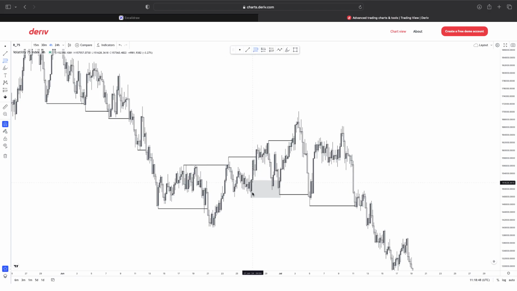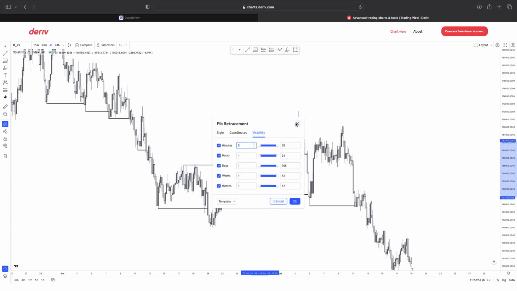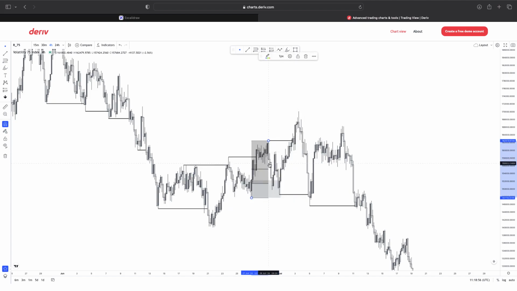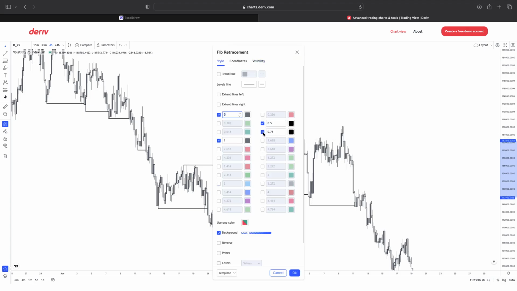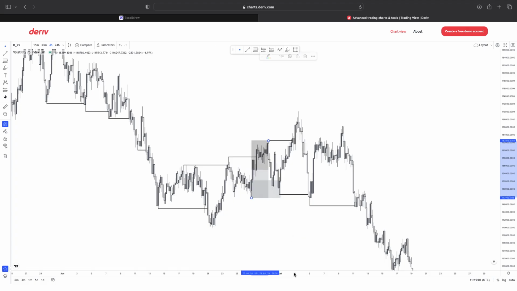Now let's see that institutional order block. Do not forget, guys, it should be resting below the 50% level, right? So it should be resting below the 50% level. So let me just edit this, just a second. It should be resting below the 50% level in order for it to be valid.